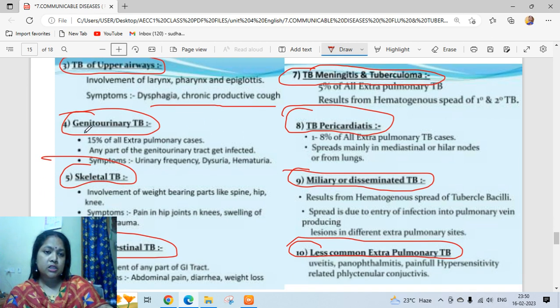Then genitourinary TB, that is 15% of all extrapulmonary cases. Any part of the genitourinary tract can get infected. Symptoms are urinary frequency, dysuria, hematuria.